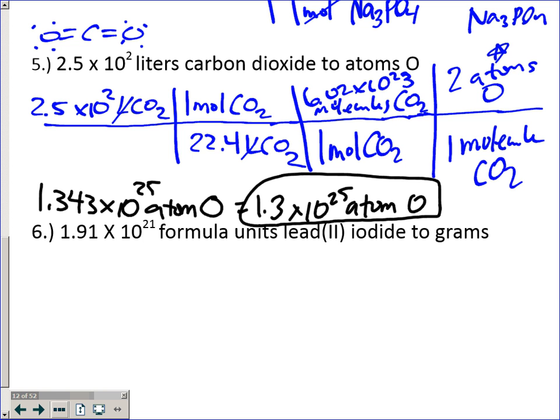The formula is PbI2. I'm pretty sure I have to go with Pb.